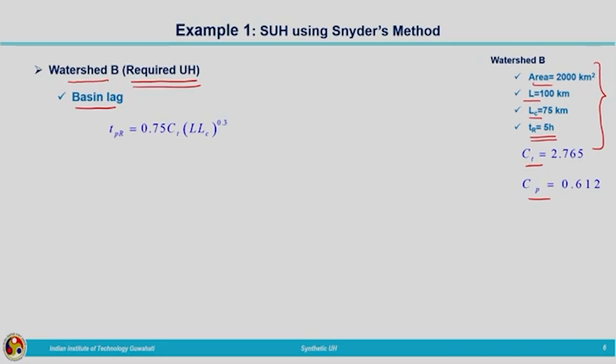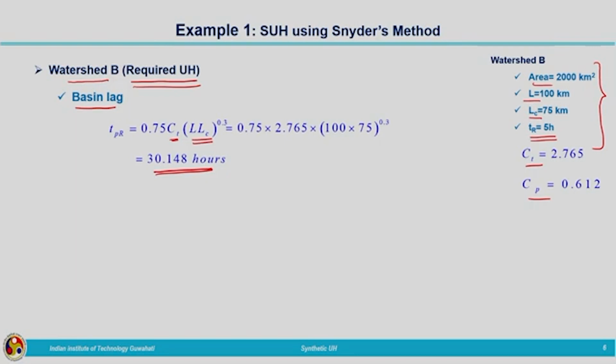Here we are going to substitute L and Lc values of the watershed B, for which we need to derive the synthetic unit hydrograph. Ct value is 2.765. So, we can calculate TpR, that is the basin lag, as 30.148 hours. The basin lag which is calculated for the ungauged catchment is 30.148 hours.